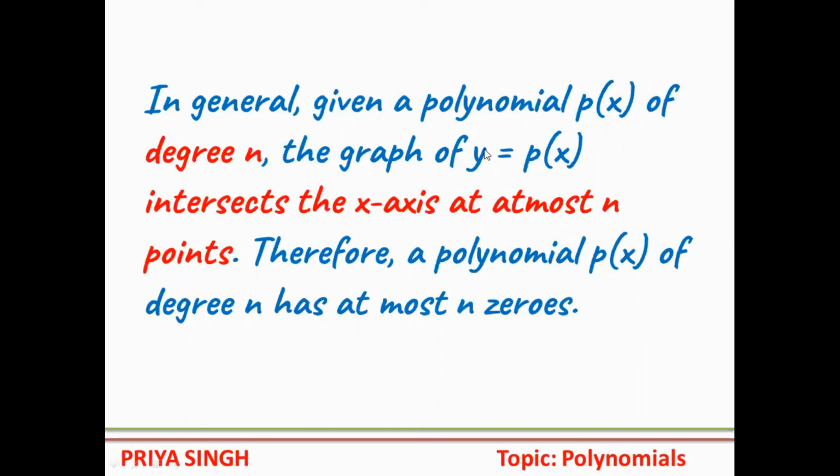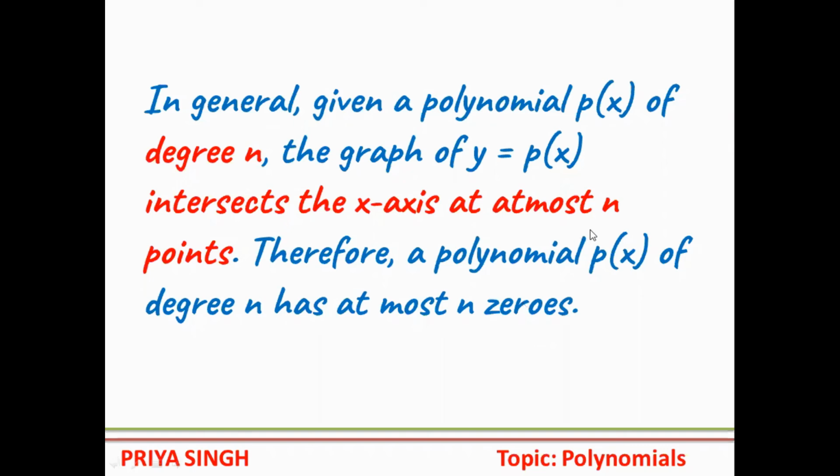So till now we have studied the number of zeros. Till now we are clear about the number of zeros. What we have studied is that the number of intersections of any graph with the x-axis gives the number of zeros present.